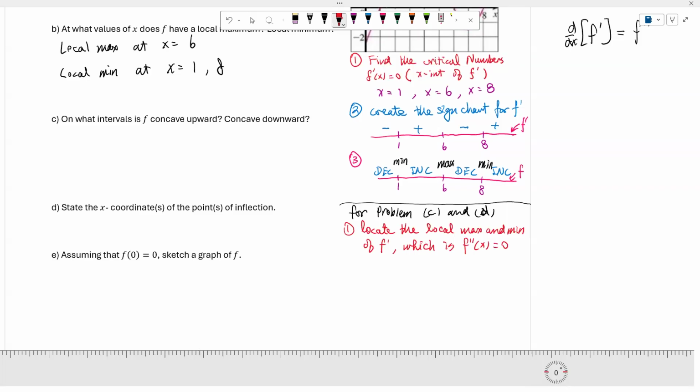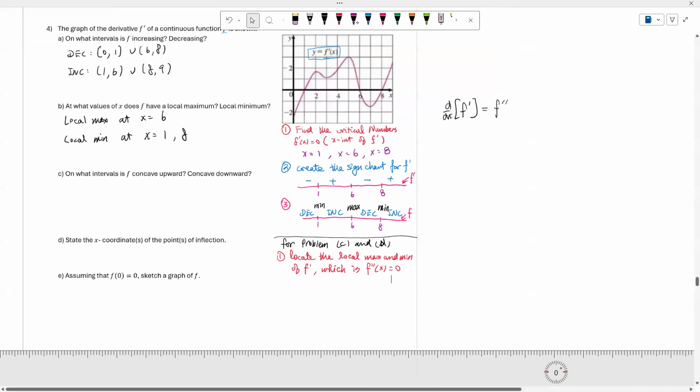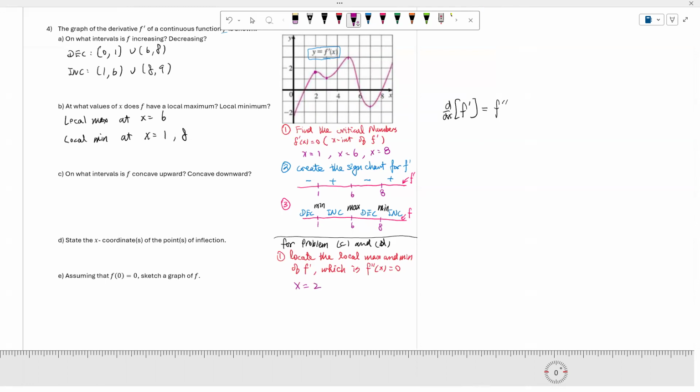Okay. Then in this case, you will see that is when x equal to 2, 3, 5, and 7. So x equal to 2, 3, 5, and 7. Okay.